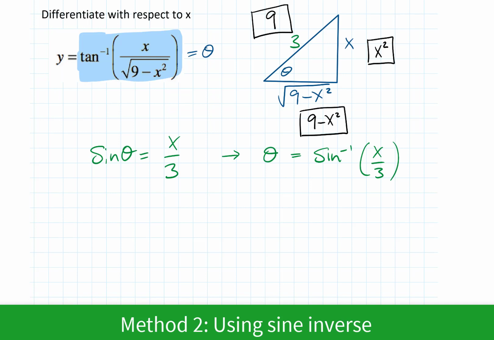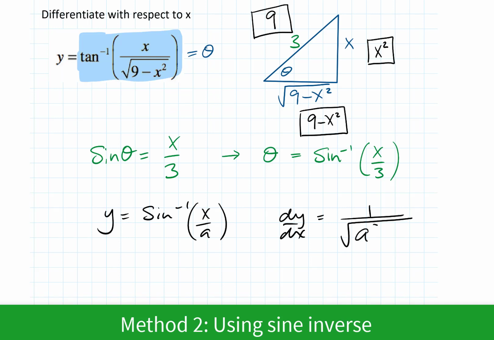Now there's a rule in the log tables for finding the derivative of sine inverse, and it looks like this. It says if y equals sine inverse x over a, well then dy dx is equal to 1 over the square root of a squared minus x squared.